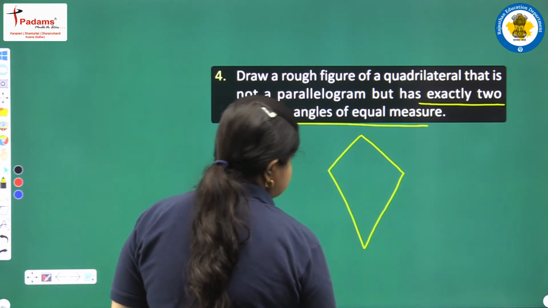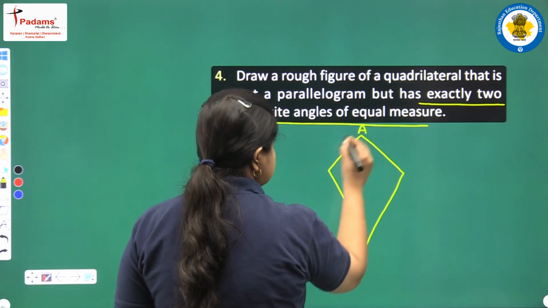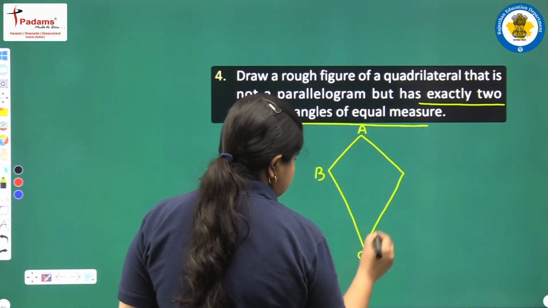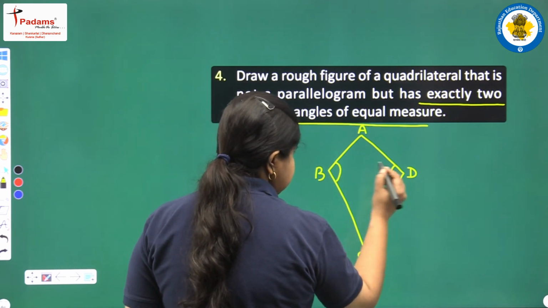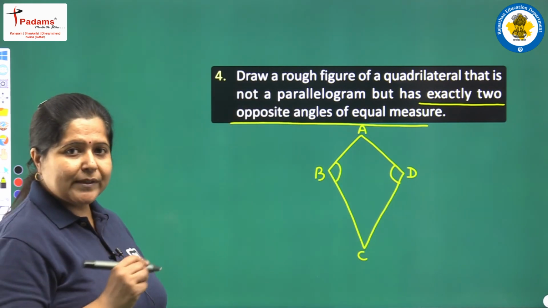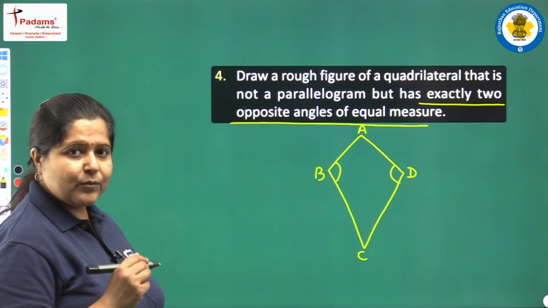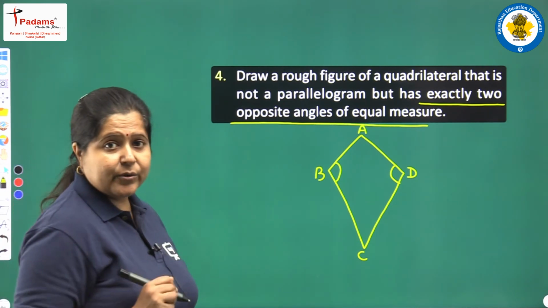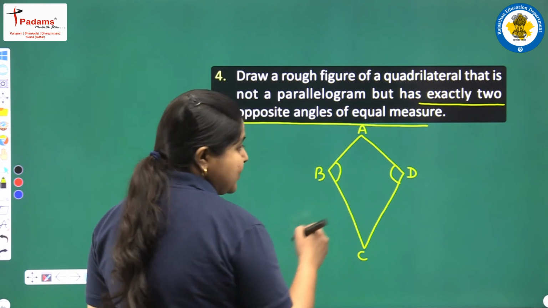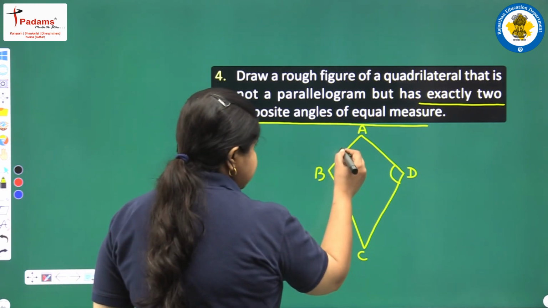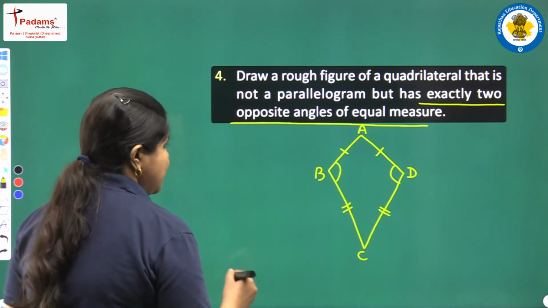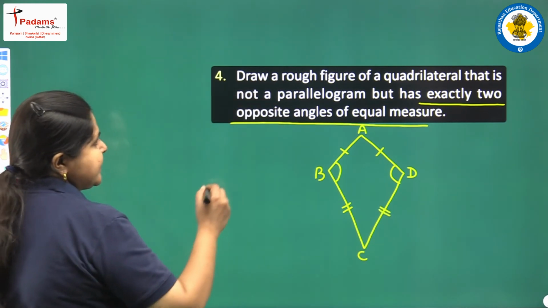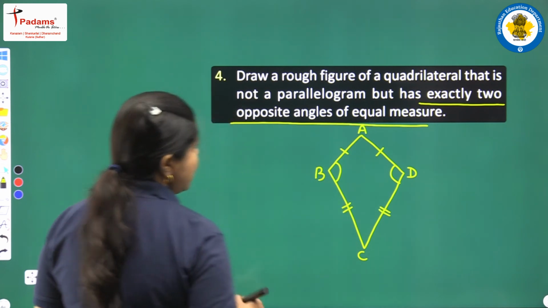This is a kite, you can see, let us name it A, B, C and D. You can easily see this angle B and this angle D. These two angles are equal, the opposite angles which are equal, and it is not a parallelogram because in it the opposite sides are not equal. Instead of it, the consecutive sides are equal. So, it is not a parallelogram and still it has exactly two opposite angles of equal measure.